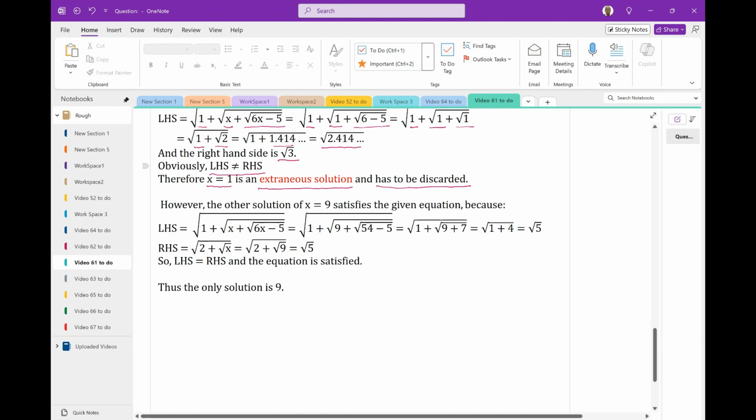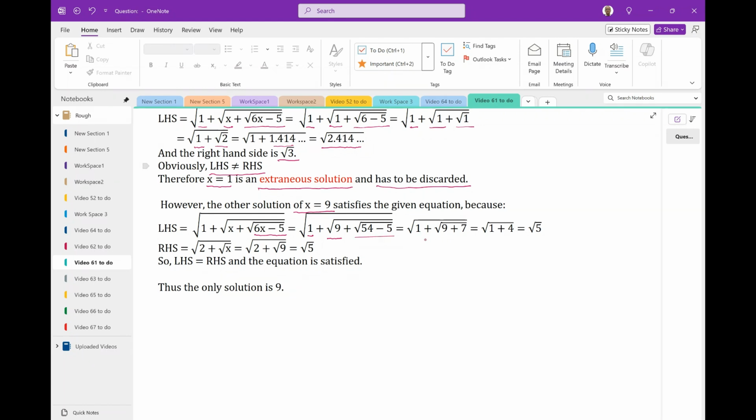However, the other solution, that is x is equal to 9, satisfies the given equation. The left-hand side of the given equation, that is square root of 1 plus square root of x plus square root of 6x minus 5, becomes square root of 1 plus square root of 9 plus square root of 54 minus 5.